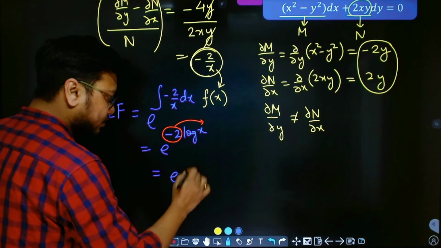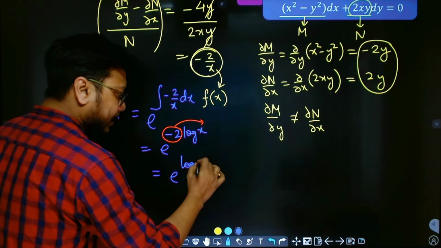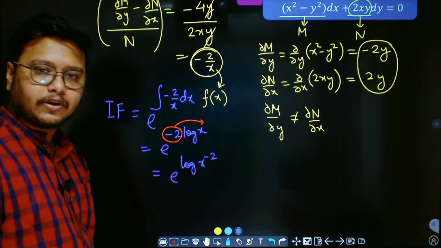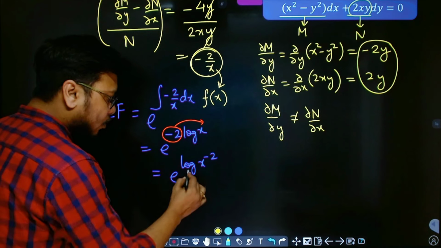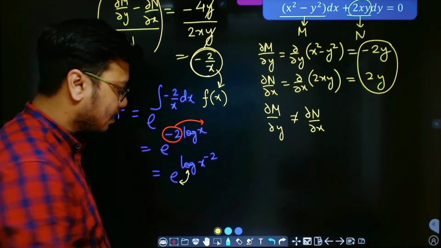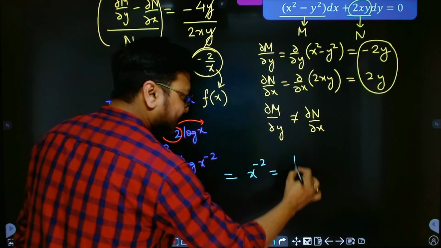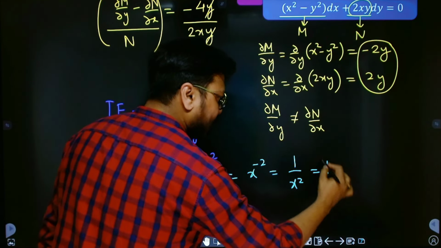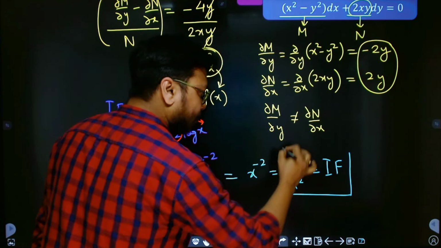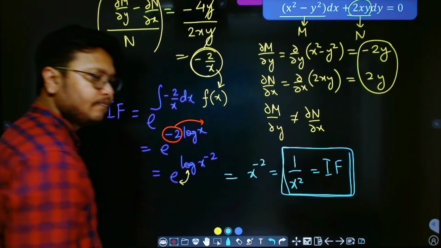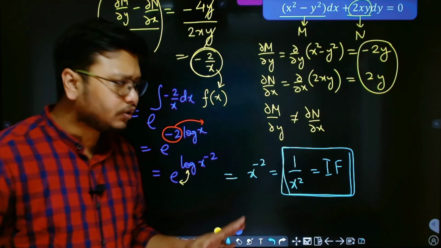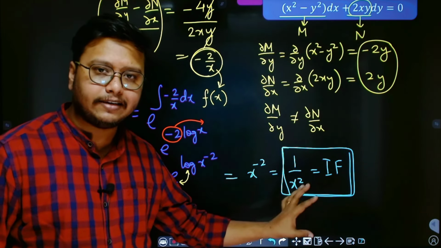So it becomes e to the power log x to the power minus 2. So e to the power log gets cancelled out and we are left with x to the power minus 2. That's basically 1 upon x square, and this is our integrating factor. So we have found our integrating factor.